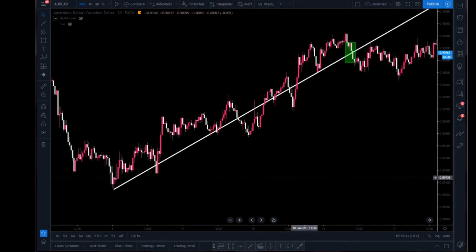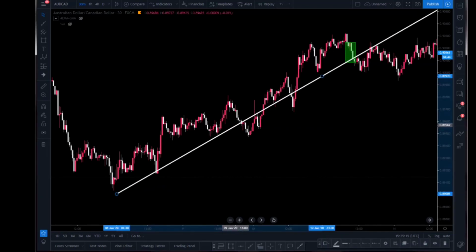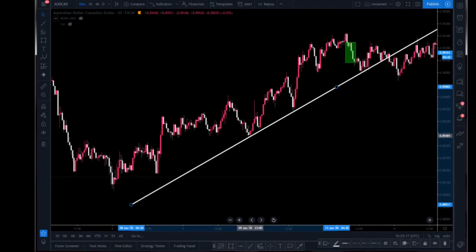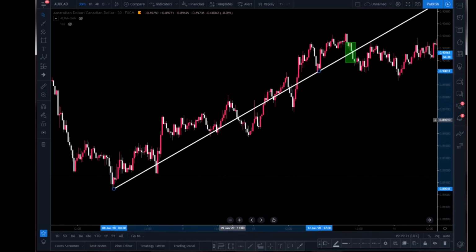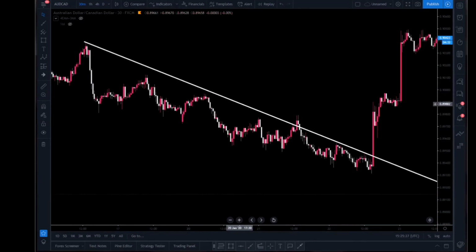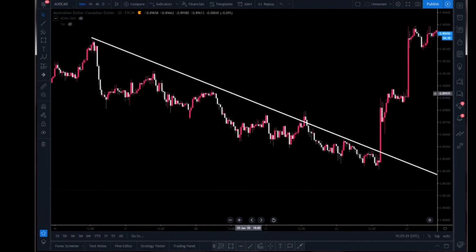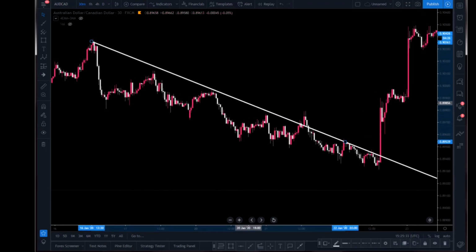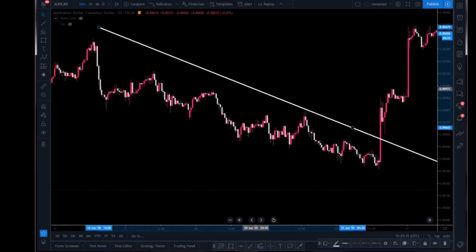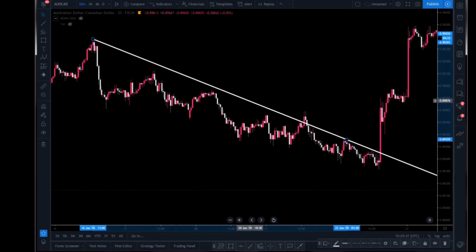If you are in an uptrend, your trend line will always be on the bottom side of market movement. If you are in a downtrend, your trend line will always be on the top of market movement. Your origin up here at the top, and then the last point that you use is always going to be on top.